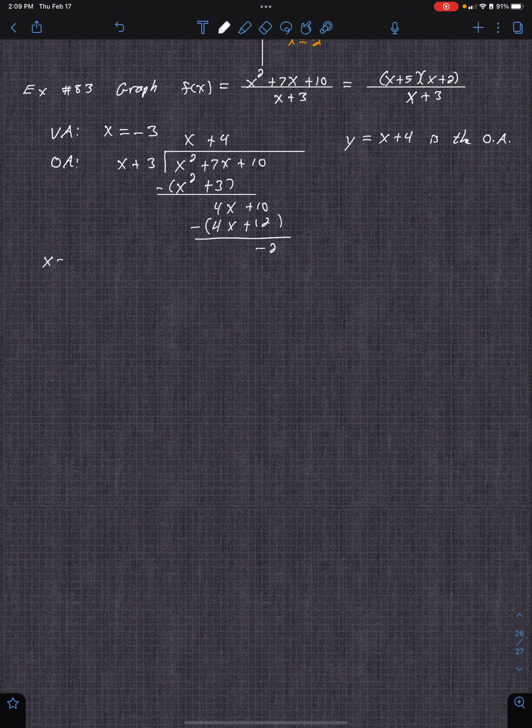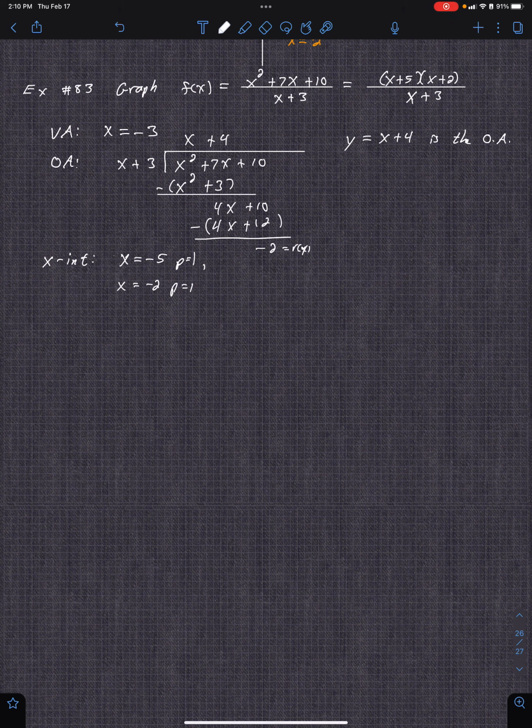X-intercepts, just continue, are x equal to negative 5, multiplicity 1, and I'll put it down here, x equal to negative 2, multiplicity 1. This negative 2 has nothing to do with it. This is your remainder. Okay, remainder doesn't matter, right?